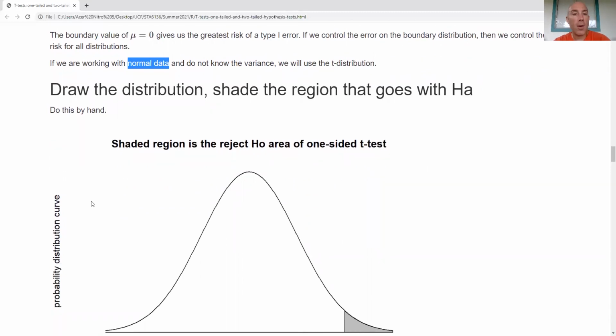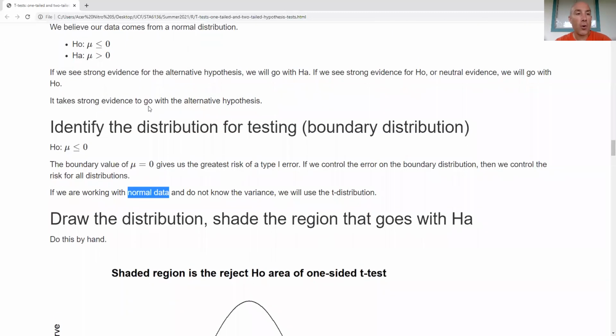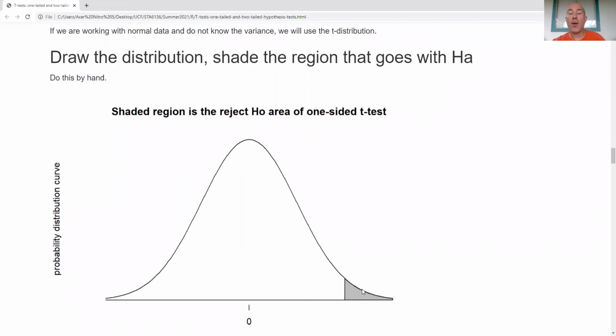All right, so now go ahead and draw the distribution. I'll shade the region that goes with the alternative. Do this by hand. I know it's a bell curve, so I draw a bell curve. I look at my alternative hypothesis. The alternative is going to the right, so I'm going to shade a region on the right. If I see an extreme value that is positive and on the right-hand side of the real number line, then I will go with the alternative.